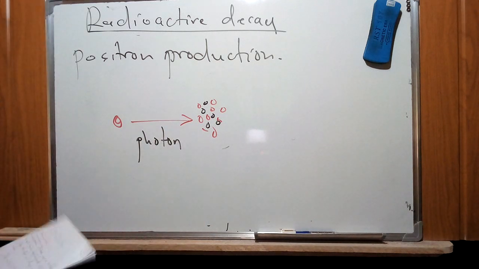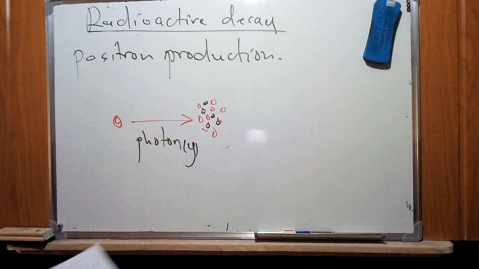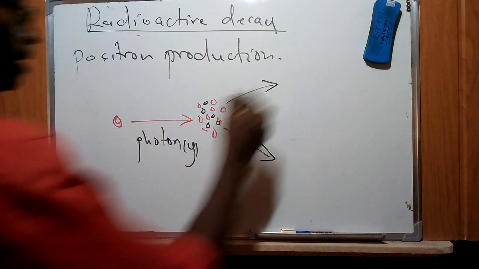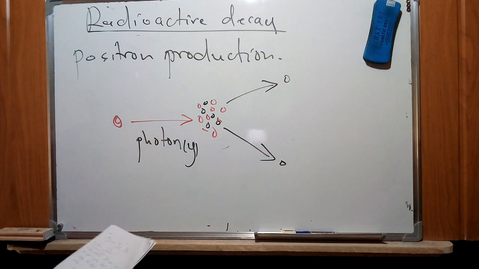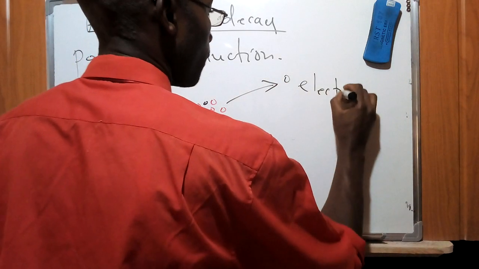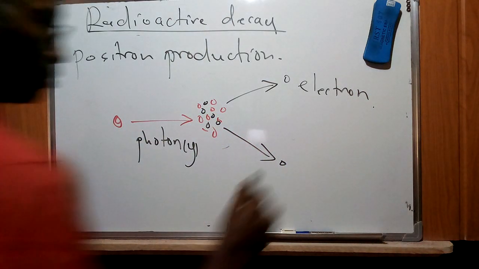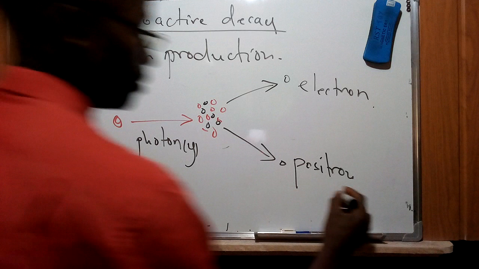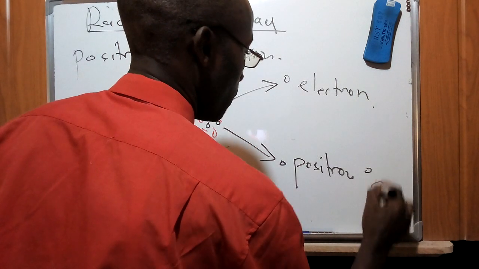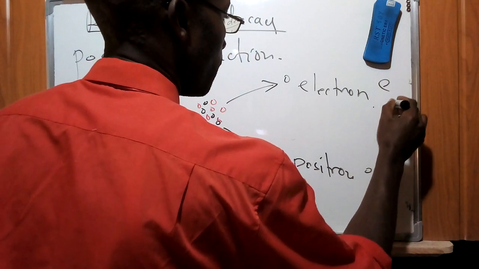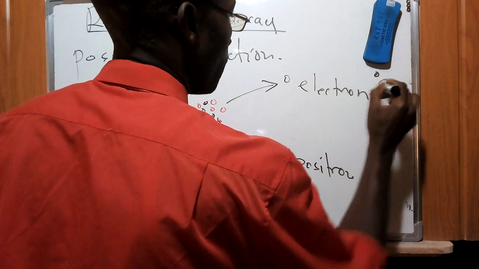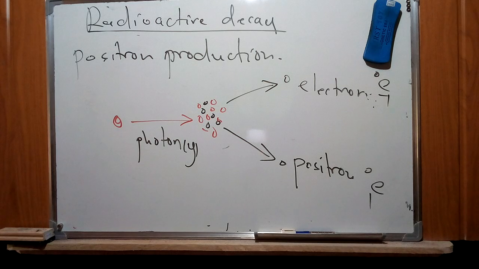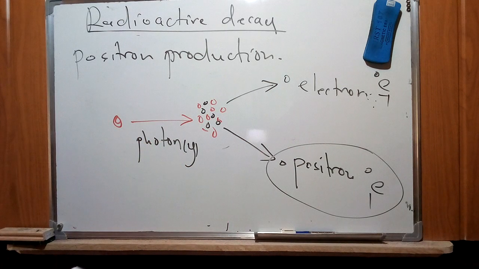We talked about a photon as a packet of energy, so in this case, it's going to undergo this process that is going to result in the formation of an electron and a positron. This one is negative. So for positron production, this is the process that we are referring to.